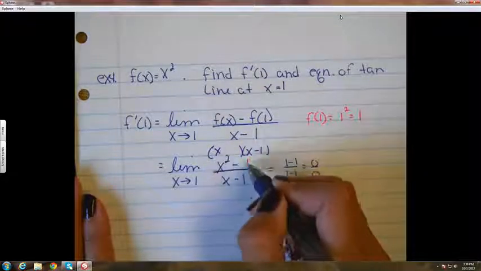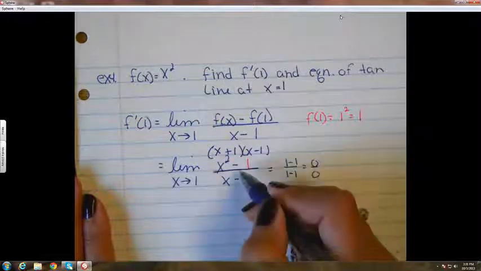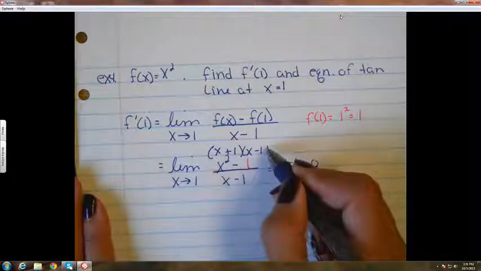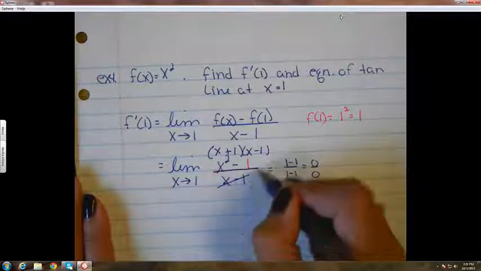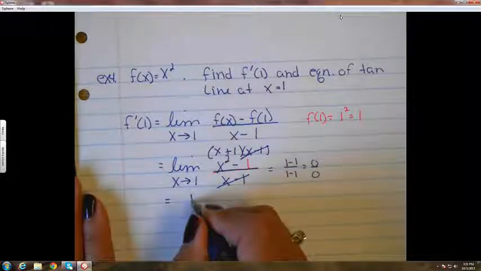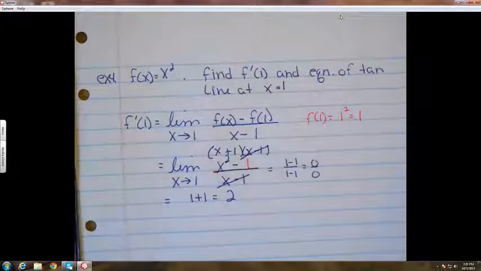I know I've got to get a negative 1 here, plus 1. And there's no middle term because the middle terms cancel out. 1x minus 1x, they're gone. Cancel. Now substitute into what's left. 1 plus 1. So we got a derivative of 2.